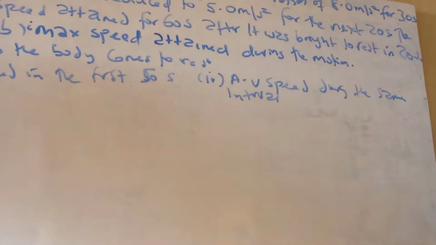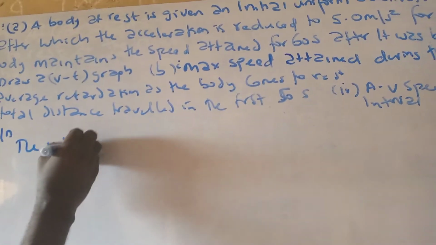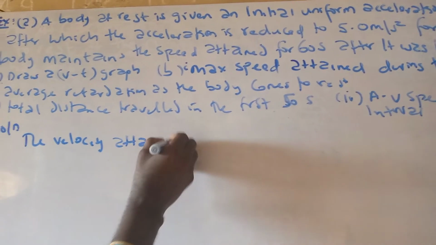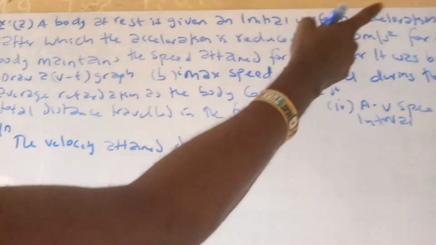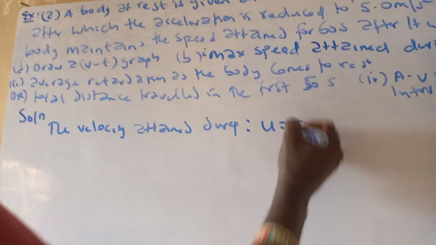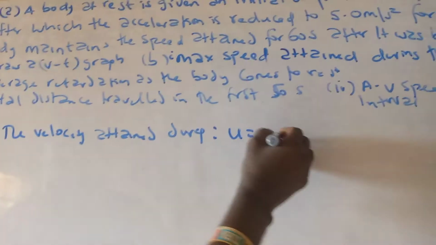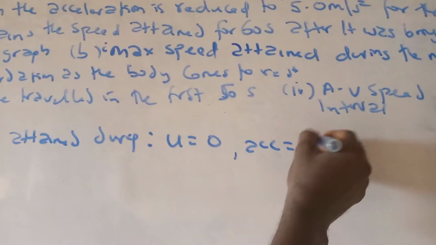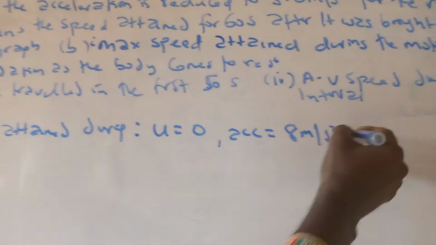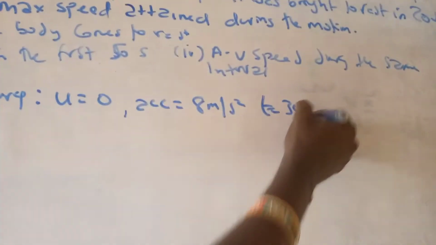Since the body started at rest, we first calculate the velocity attained during that first motion. The initial velocity u was 0 because it started from rest, the acceleration was 8 meters per second squared, and the time was 30 seconds.